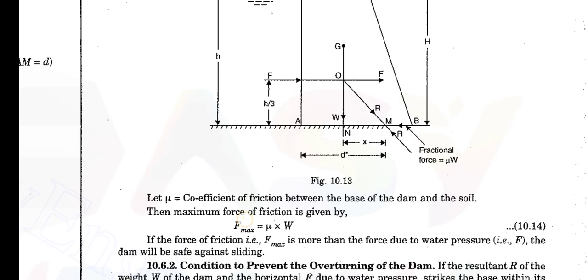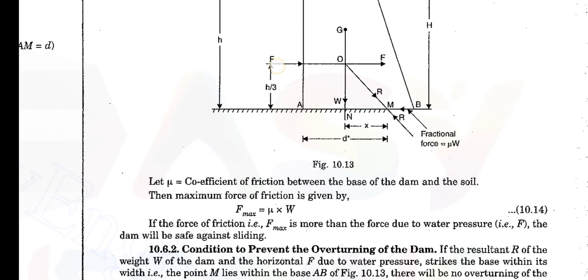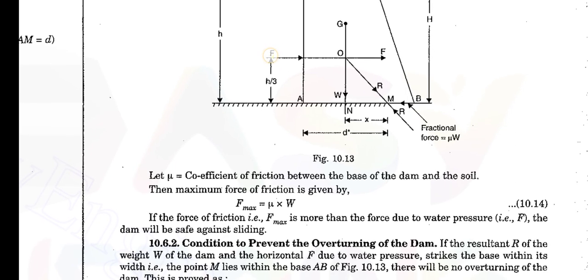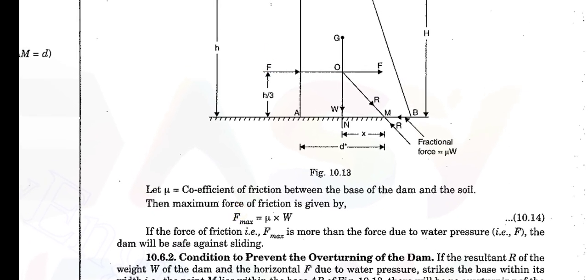If F max is lesser than F, then surely it will start to slide. You can see that the frictional force should be more than the force due to water pressure, that is F. So the F value should be lesser than F max. So this is the condition for sliding.